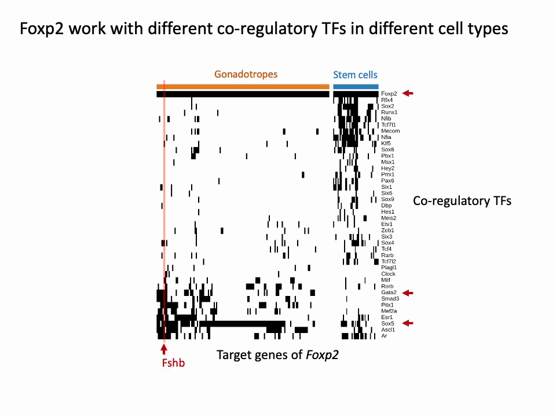For example, here we highlight a column, which is a gene called FSH-beta. We see that besides being regulated by FOXP2, as shown by the first row, there are some other TFs regulating this gene, such as GATA2 and FLUX5, indicated by the red arrows.